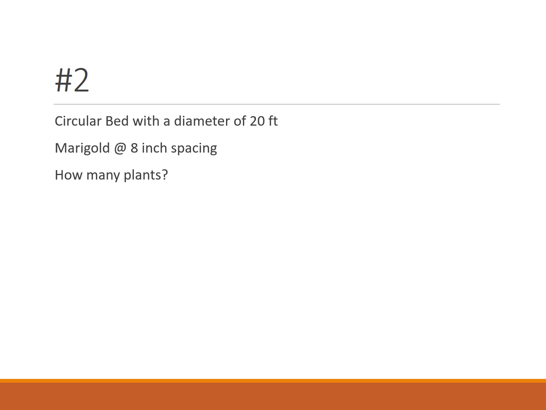So pause the video, do the math, check back and see whether you got the right answer. The correct answer is 707 plants. Good for you if you got that.